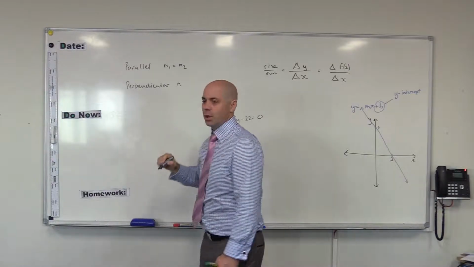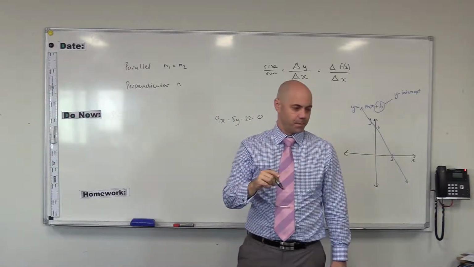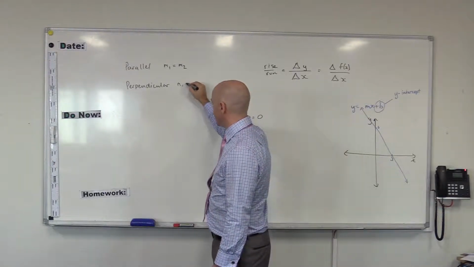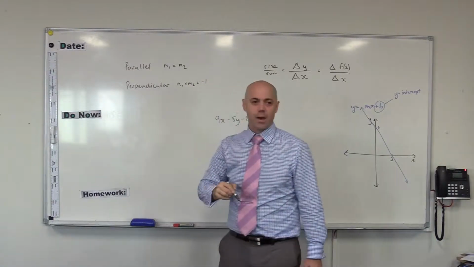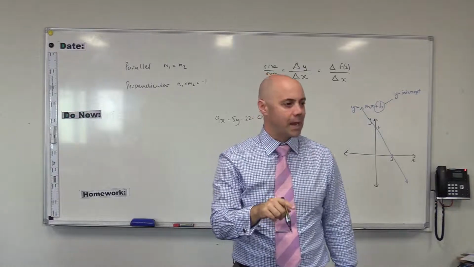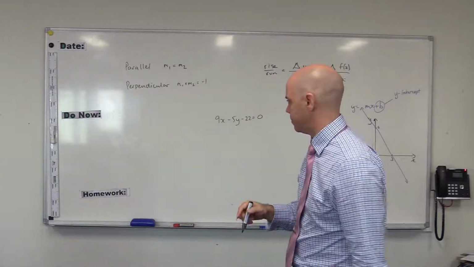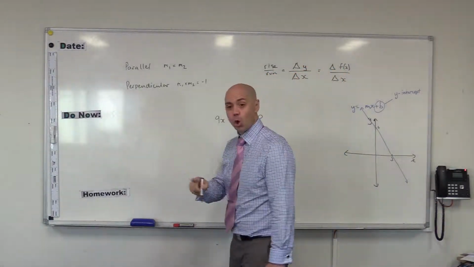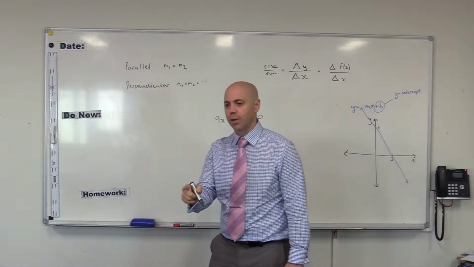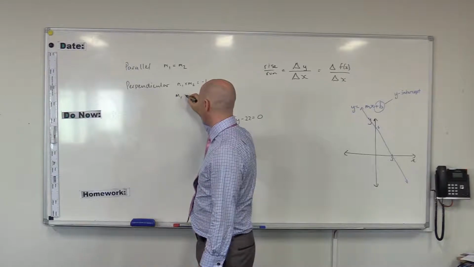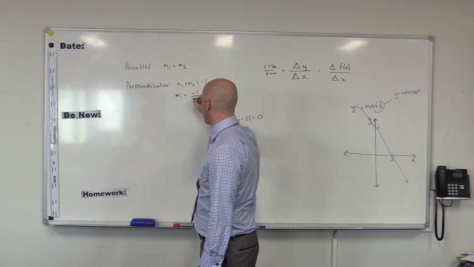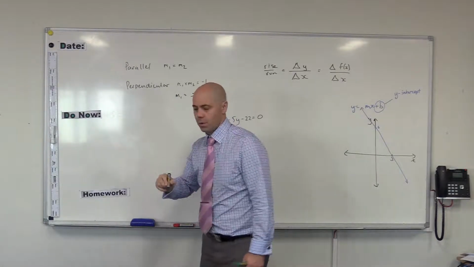The way to test it is you multiply the two gradients together, and if they equal -1, they're perpendicular. Or if you know one gradient and need to work out what gradient would be perpendicular to that, you use m1 equals -1 over m2.